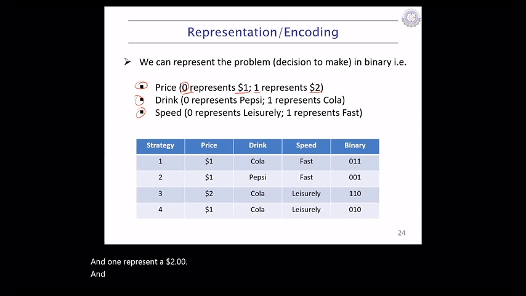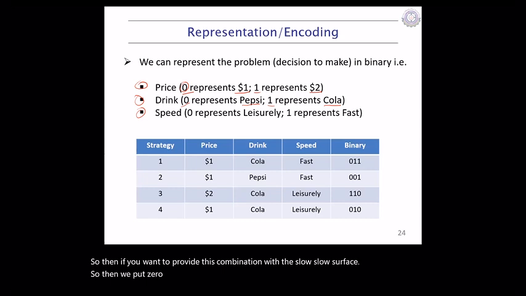And how about the drink? Because we also have two options in the soft drink, 0 represents Pepsi and 1 represents cola. And then speed. We have two types of speed or service here. 0 represents slow or leisure, so if you want to provide this combination with slow service, we put 0.